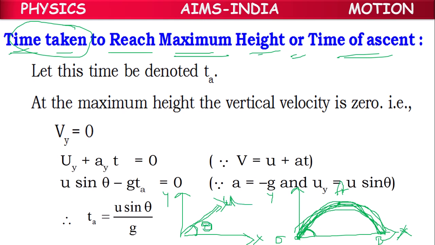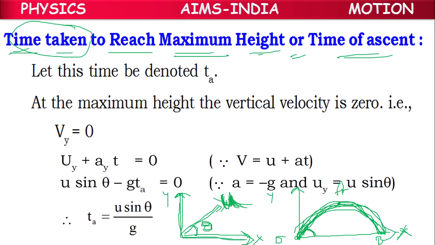In the case of an oblique projectile, whatever velocity we have thrown the body with will be split into two independent components, one along the horizontal direction, one along the vertical direction.